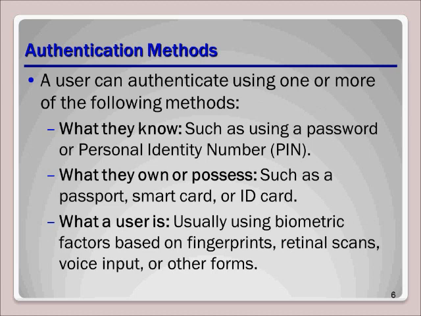Since most of this lesson focuses on authentication, this is a good place to examine the different types of authentication. The different types of authentication can be separated into what a user knows, what a user owns or possesses, and what a user is.